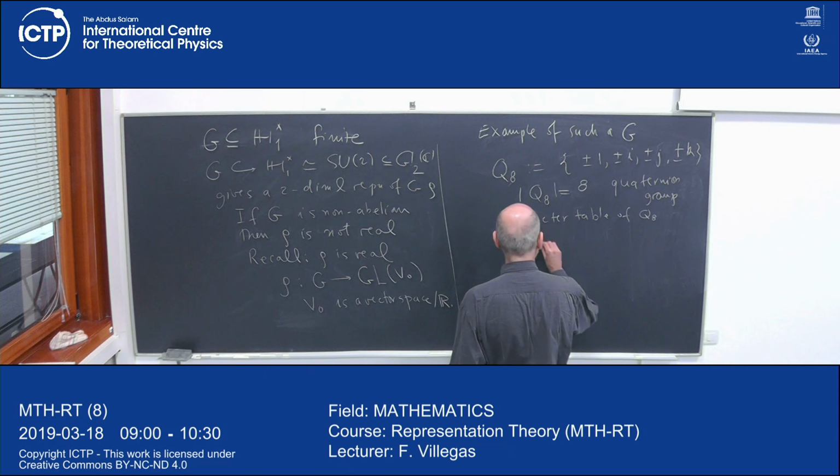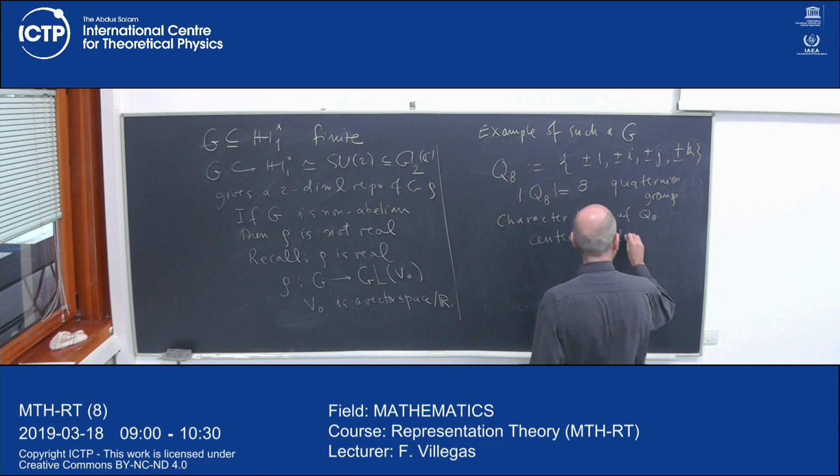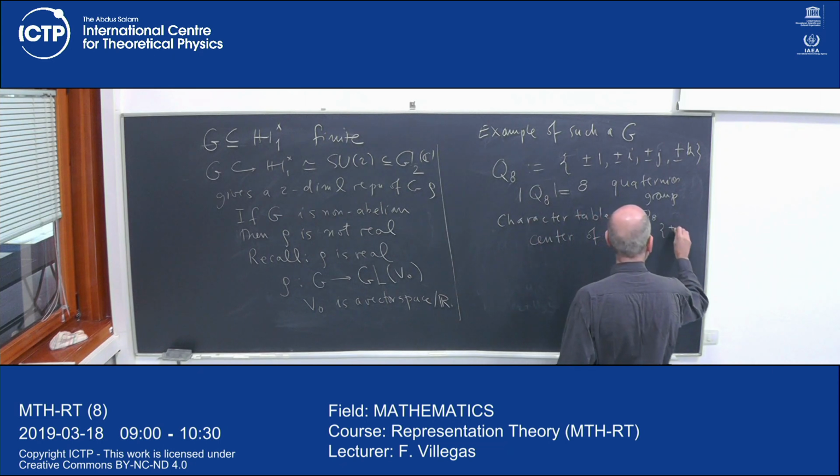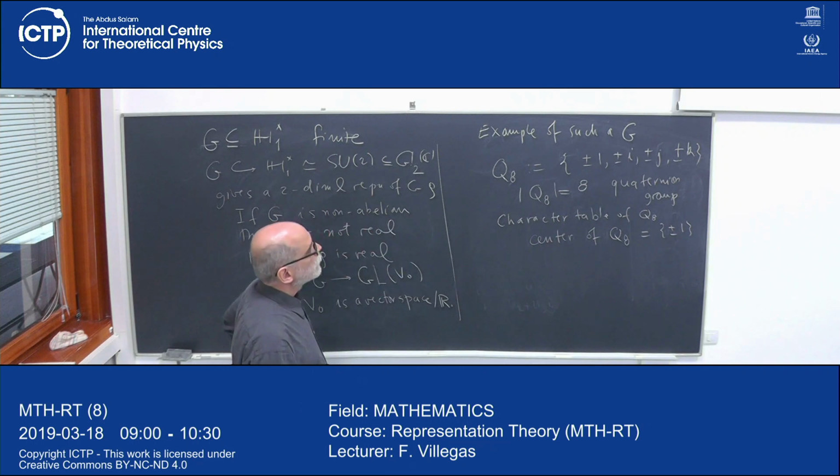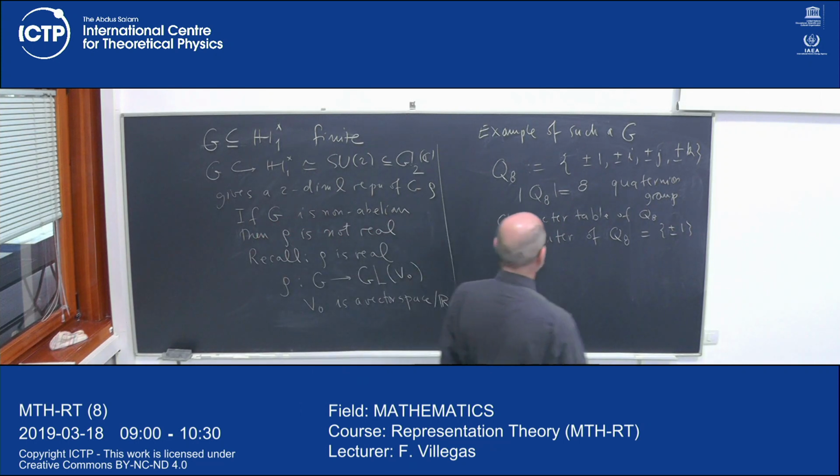The center of Q8 consists of plus or minus 1, the things that commute with everybody. So that's a normal subgroup.